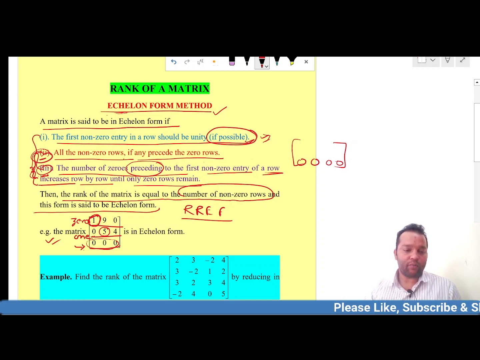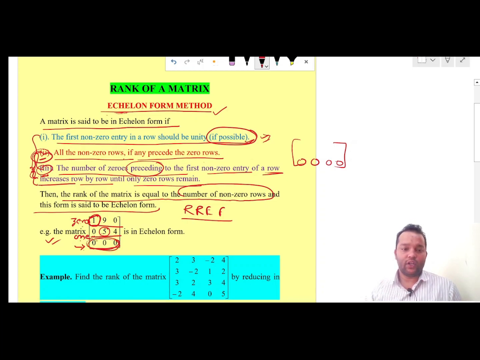So in the first row the number of zeros before the first non-zero entry is 0, and in the second row it is 1. It means the number of zeros is increasing row by row until we have only the zero row. So the third condition is also satisfied.